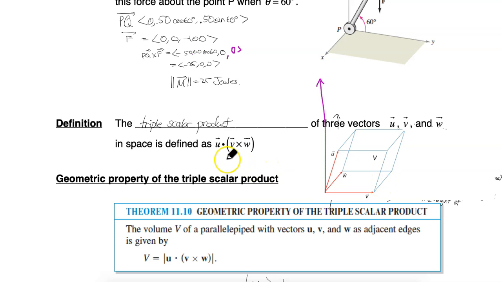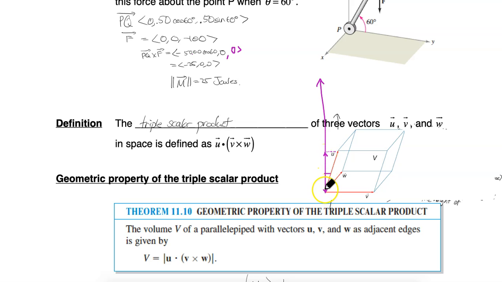So when we do U dot this, if you think of the dot product, it's going to be the magnitude of U times cosine between these two angles times the magnitude of V cross W. U cosine the angle yields the projection of U onto V cross W. So this length here, from here to there, is magnitude of U cosine the angle.